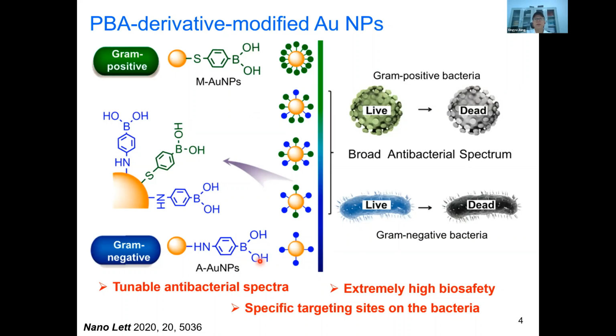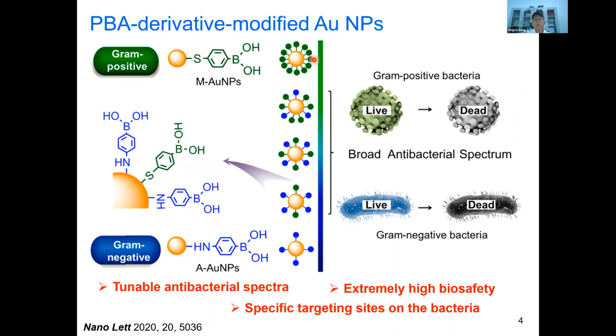The only difference is that this molecule uses sulfur to bind to the surface of gold. This molecule uses amine. So amines tend to form much lower density ligands on the surface of gold compared to sulfur, which forms a high density ligand on the surface of gold.